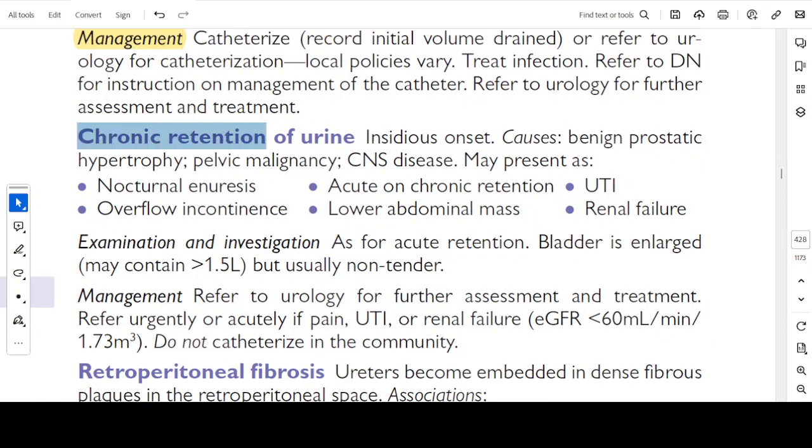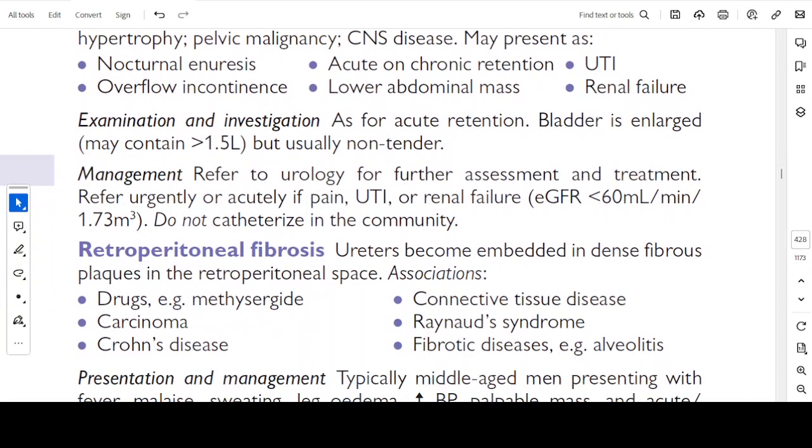Chronic retention of urine. Causes are benign prostatic hypertrophy, pelvic malignancy, CNS disease. It may present as nocturnal enuresis, acute or chronic retention, acute on chronic retention, UTI, overflow incontinence, lower abdominal masses, renal failure. Examination and investigation as per acute retention; the bladder is enlarged, may contain 1.5 liters or more, but is usually non-tender.